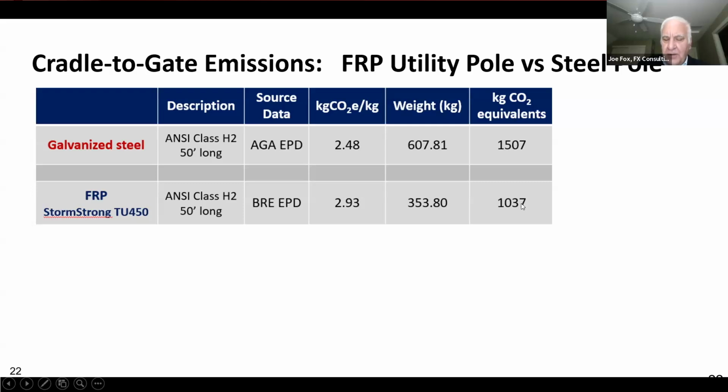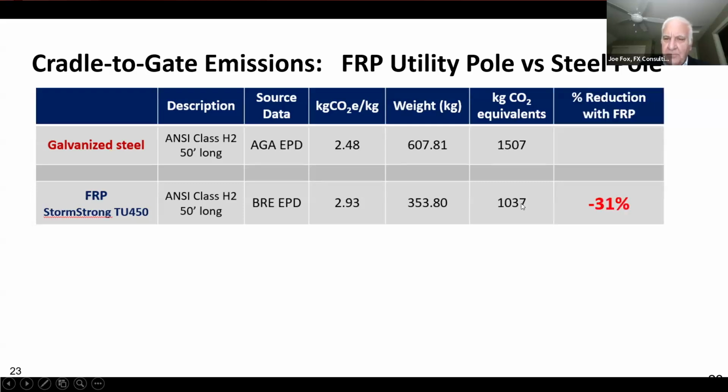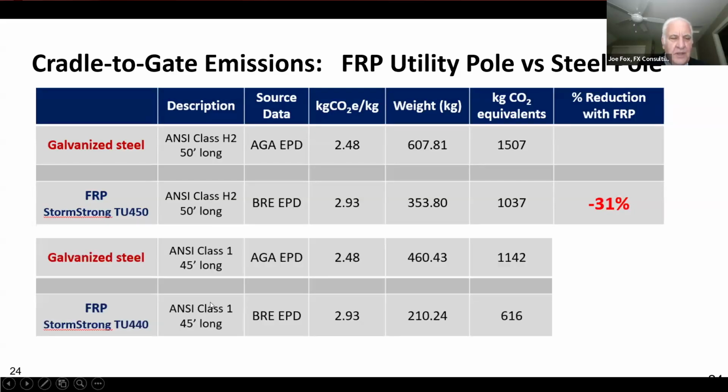And if you compare the number for FRP to the number for steel, you see a 31% reduction with FRP. Let's take another comparison. This is for 45-foot long poles and what are called ANSI Class 1. Again, you do the math, you get 616 versus 1142. That is a 46% reduction, 46% lower with FRP.